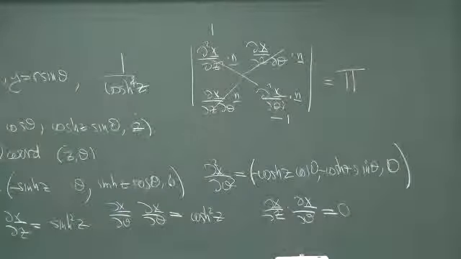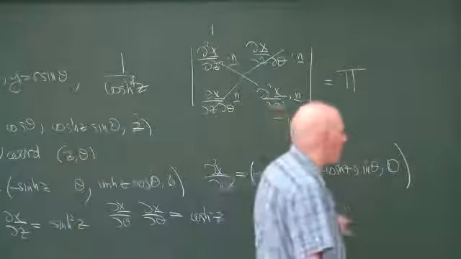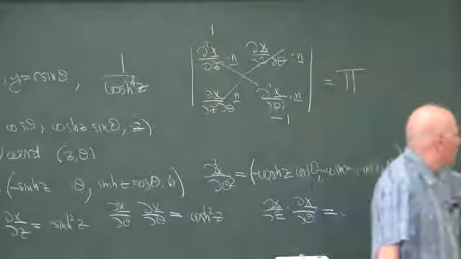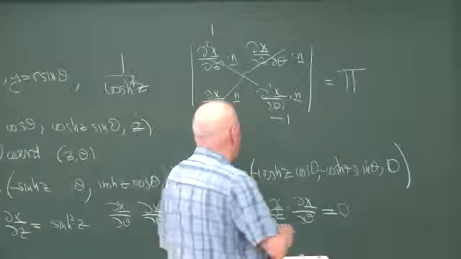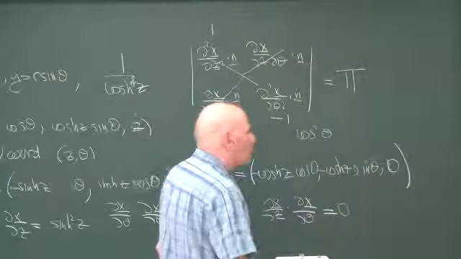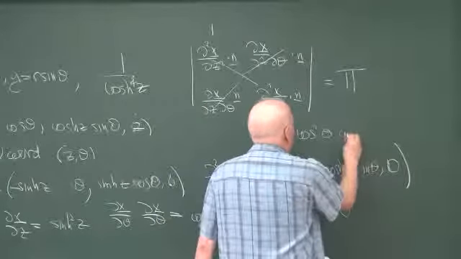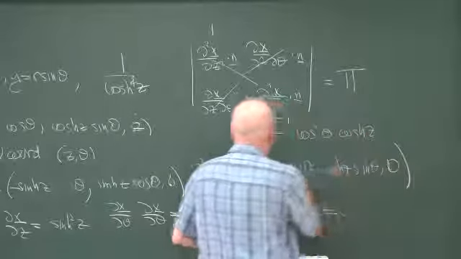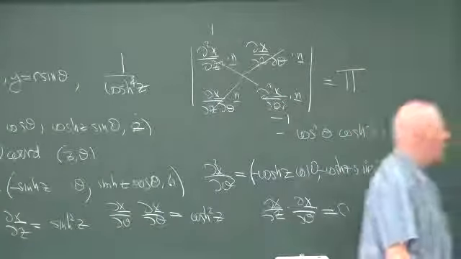Okay, and now let's take the dot product with n. When I take the dot product with n, I get cosine squared theta times minus hyperbolic cosine of z. And remember, there was a hyperbolic cosine of z that would have been factored out.